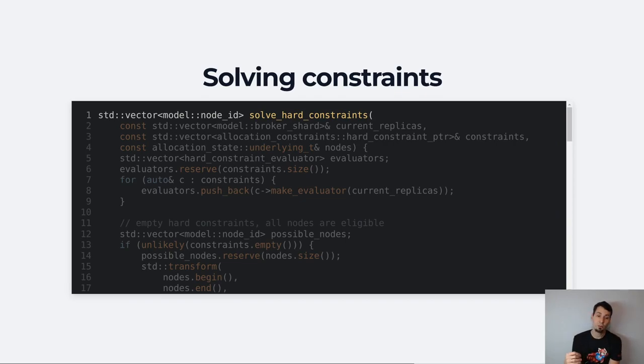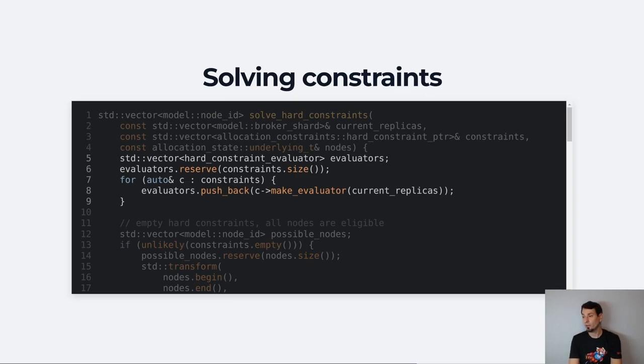Let's take a look at solving the hard constraints. First, we use the factory interface to create constraint evaluators. This step allows us to execute some preliminary logic for each constraint before actually entering the evaluation phase and executing the evaluator for each possible allocation node.